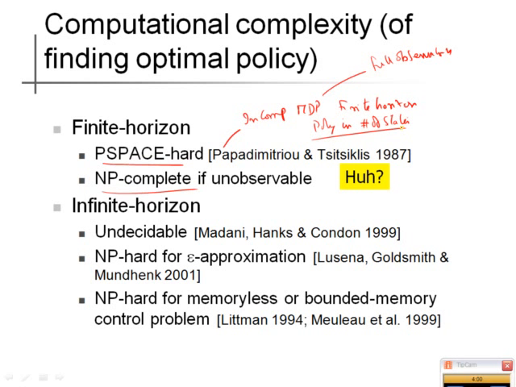If it has partial observability, it's PSPACE-complete, PSPACE-hard. And if it is full unobservability, it's NP-complete. So that means losing your eyesight is worse than having full eyesight. But apparently, it is better, computationally speaking, than having partial eyesight like me.